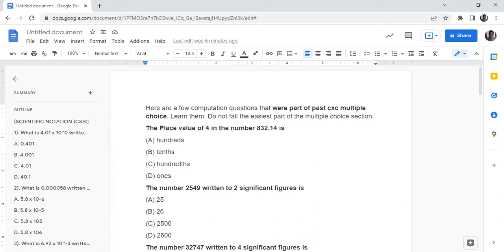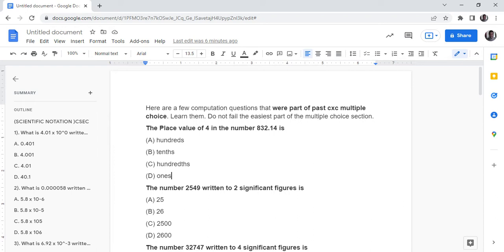Number one said, the place value of 4 in the number 832.14 is A hundred, B tenth, C hundredth, and D ones.